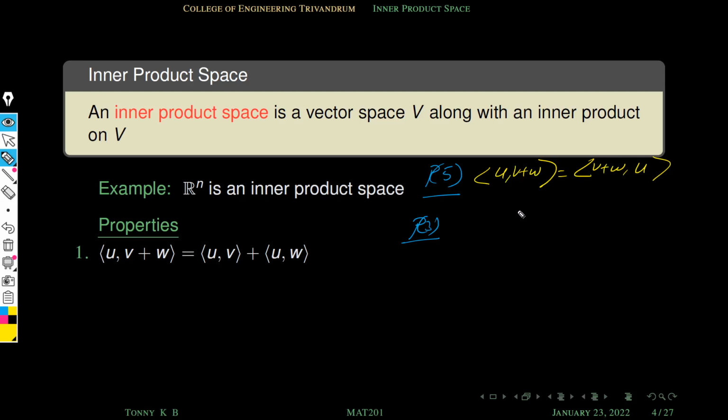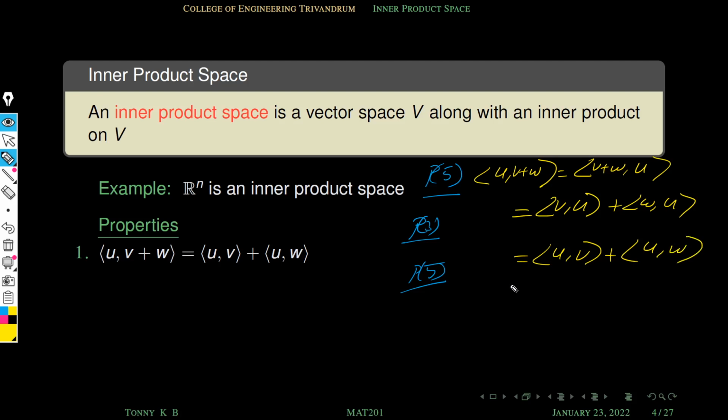Then we can apply property 3, that is distributive. So this becomes vu plus wu. Again, we can reverse the order using property 5, so this is equal to uv plus uw. So the inner product of u comma v plus w is equal to the inner product of uv plus the inner product of uw. That is this property.